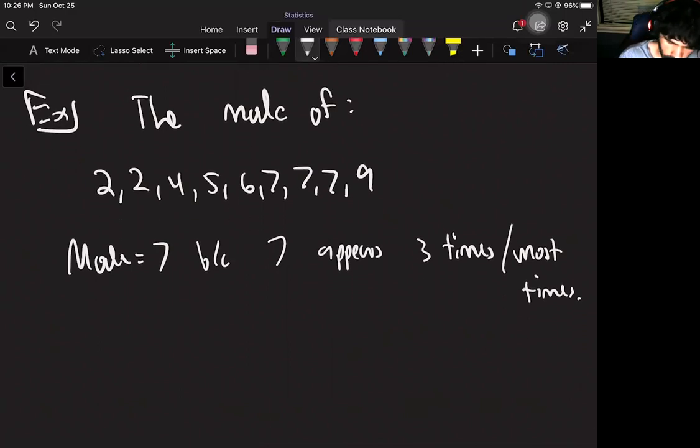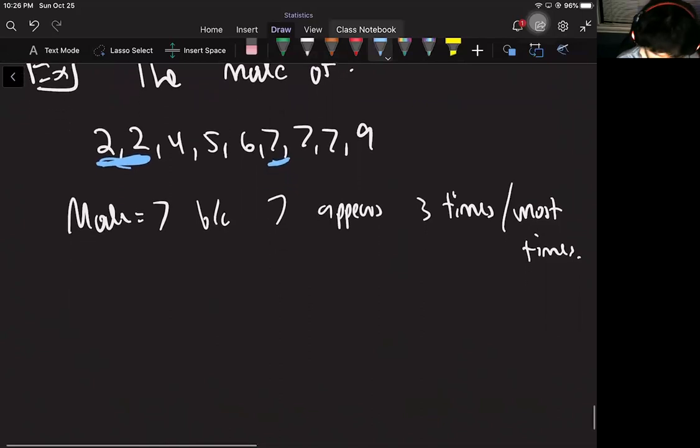Although what it doesn't do is represent the fact that 2s are in here, because they're kind of far away. So it's just a different way to think about what a typical data point is. And the mode is interesting because you could have multiple modes.